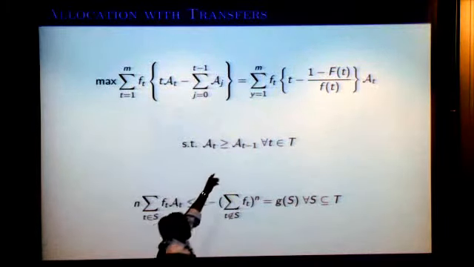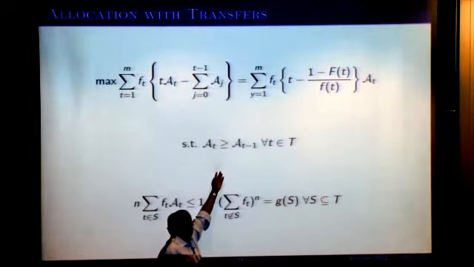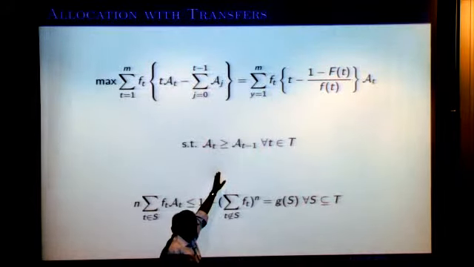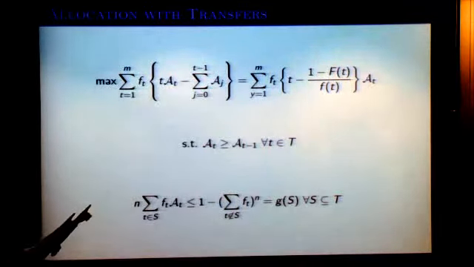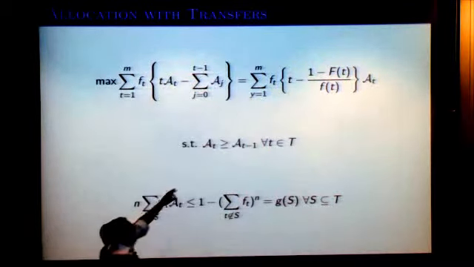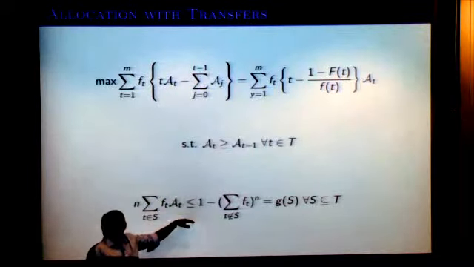I have eliminated the incentive compatibility constraints and replaced them with an equivalent statement involving only the calligraphic A's, that they be monotone. So notice I have a linear function of the A's subject to a bunch of monotonicity inequalities and the polymatroid constraint.